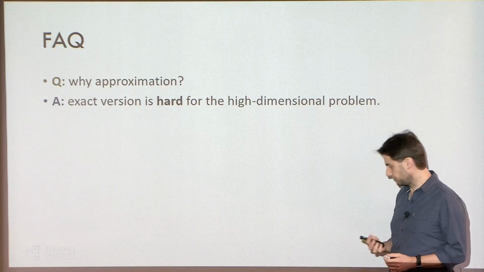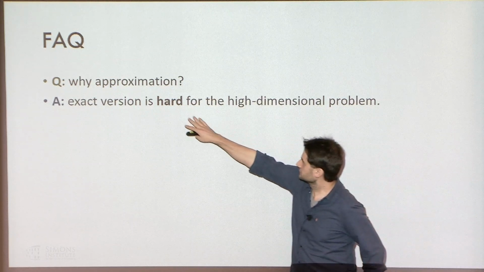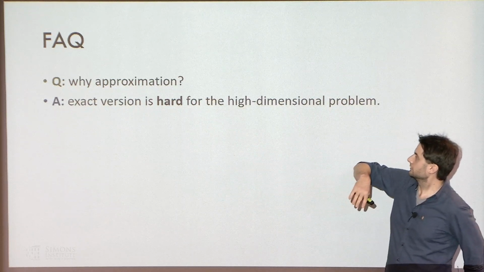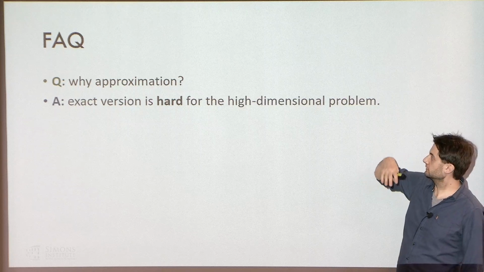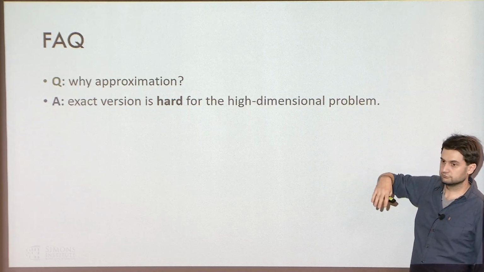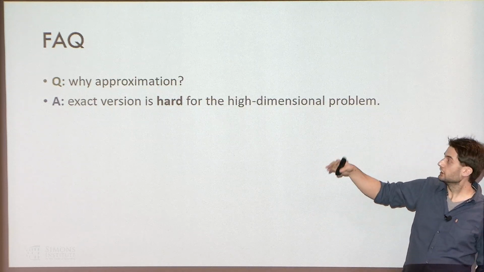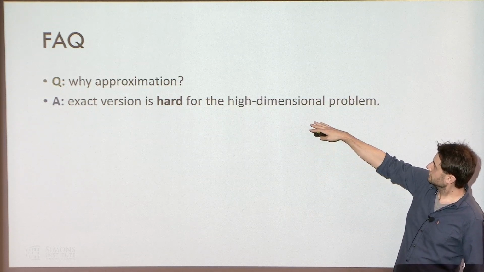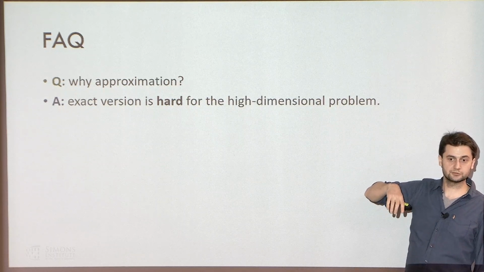Depending on the exact model of what hard means, one can prove, for example, data structure lower bounds, or bounds based on the strong exponential time hypothesis. Under additional assumptions, you can pretty much exclude non-trivial algorithms for the high-dimensional situation.